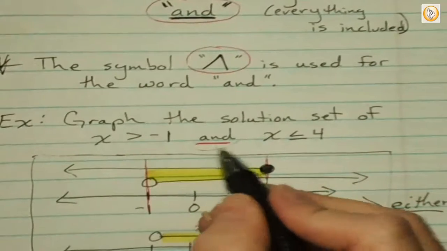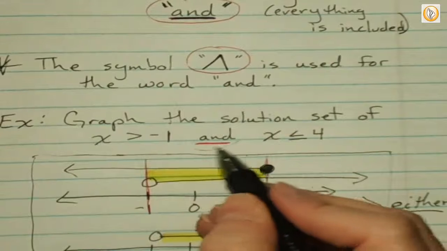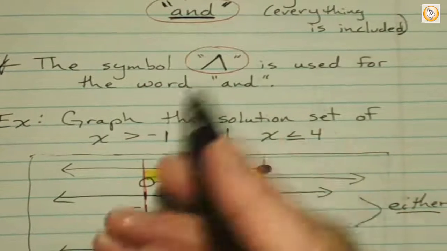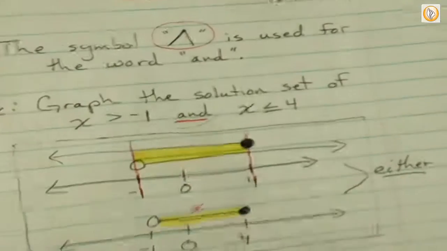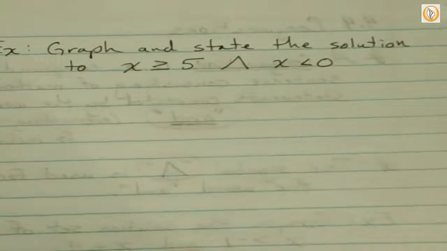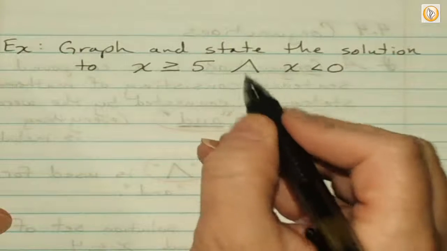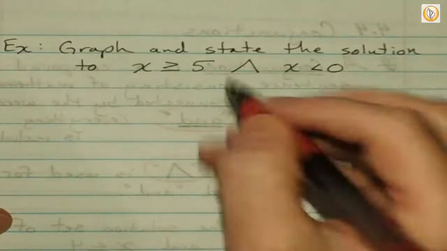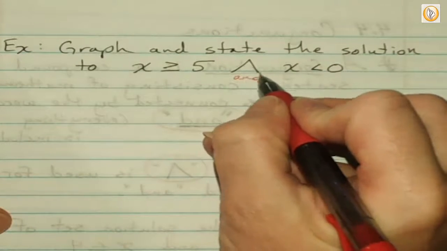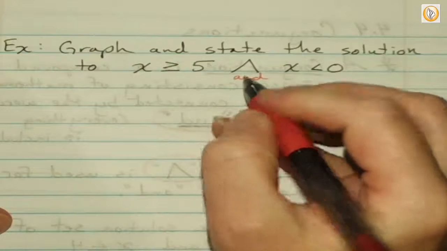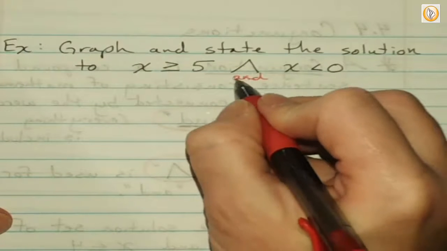Look real quickly. This one, they use the word and in the directions, yes? So you got to know that and means you're doing a conjunction. You're looking for what they have in common. Here, they didn't use the word and, they just used the symbol. You have to know that that means and. That's a little bitty and there.